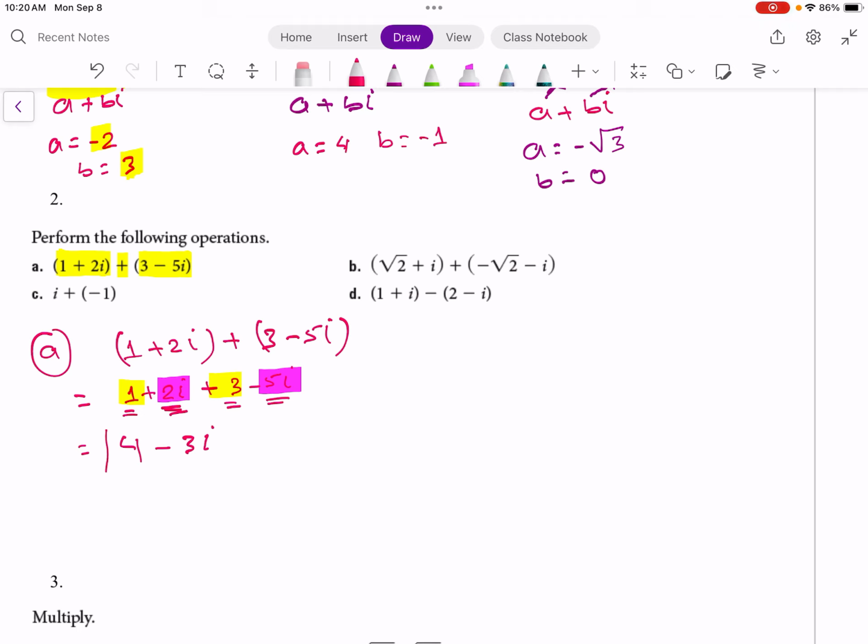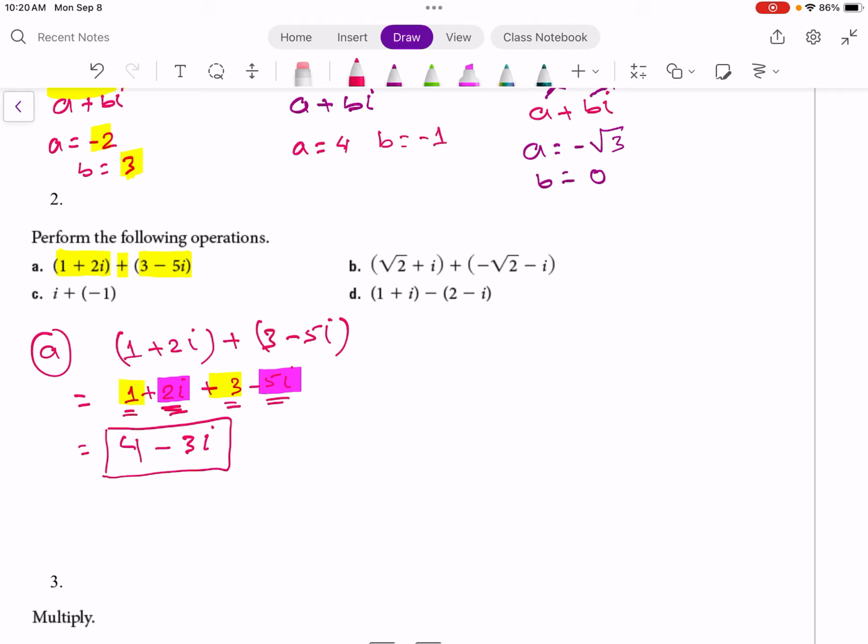So this is the new complex number after adding 1 plus 2i and 3 minus 5i. Now when we add two complex numbers, what type of number did we get? A real number or a complex number? Complex number, right? In this complex number, 4 is the real part, negative 3 is the imaginary part.